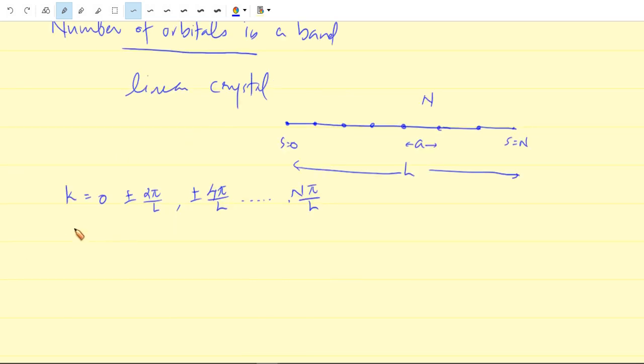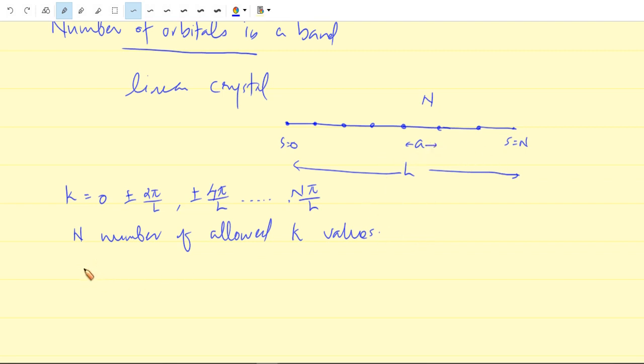So there are N allowed levels, or allowed k values, which is exactly equal to the number of lattice points or number of primitive cells.